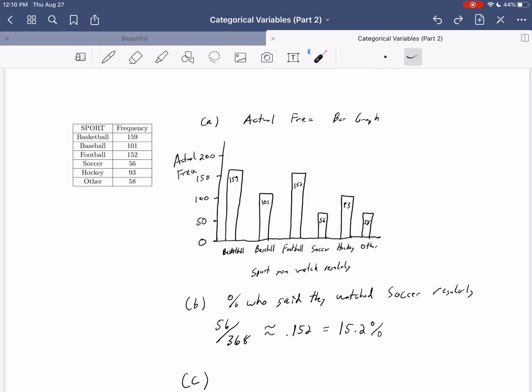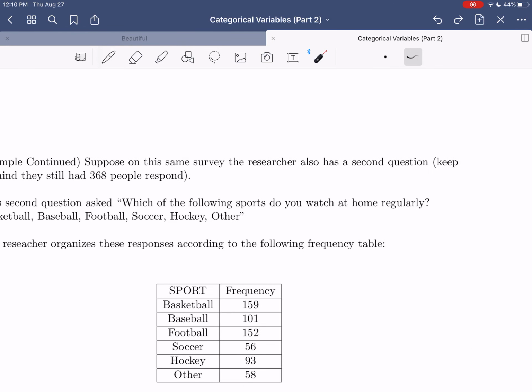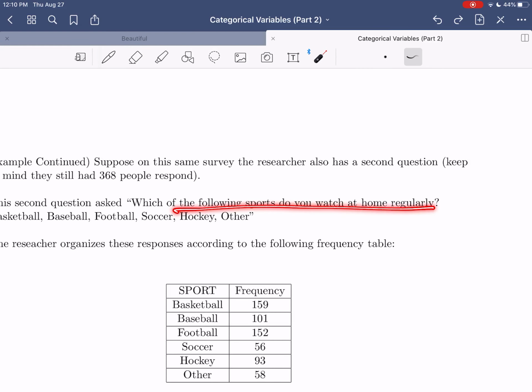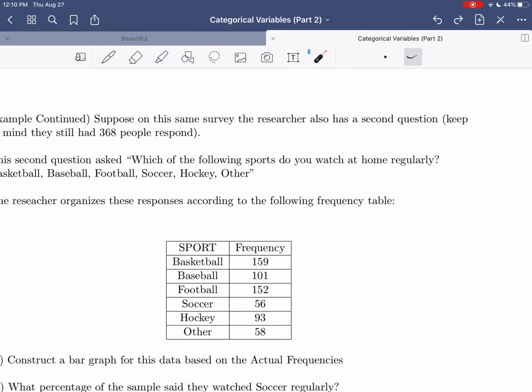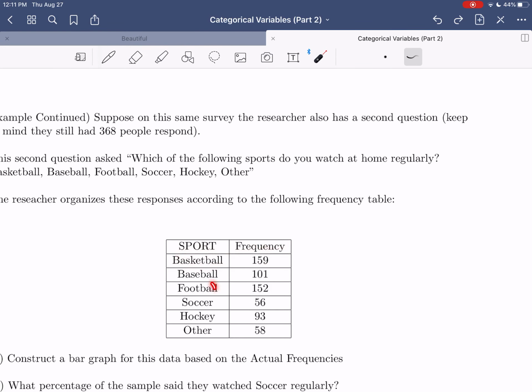Well, if we go back and look at our new data, when we ask them which of the following sports do you watch at home regularly, you'll notice that basketball just barely edges out football. So notice that by changing how you phrase the question from favorite to watch regularly, you can get a different conclusion here.